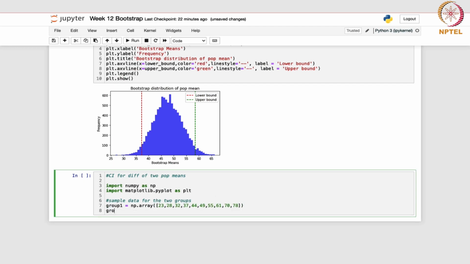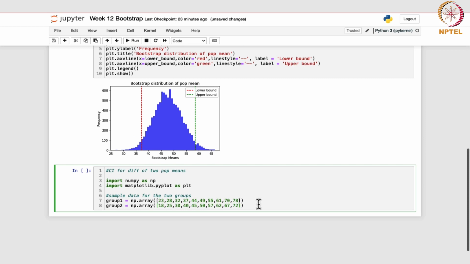And for the other group, group 2 can be, suppose, 18, 25, 30, 40, 45, 50, 57, 62, 67, 72.